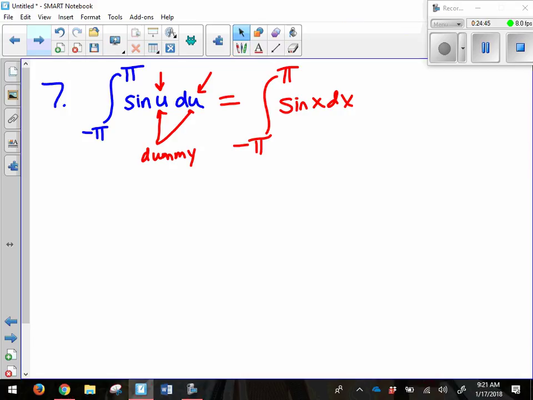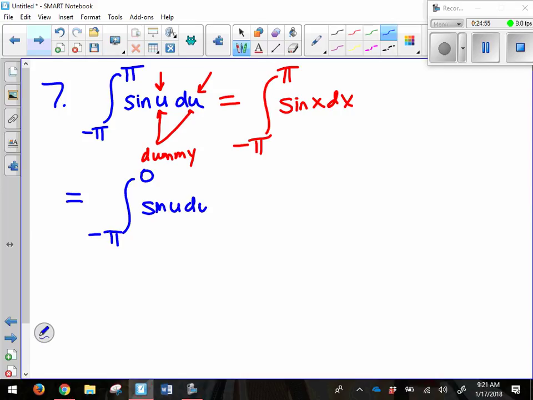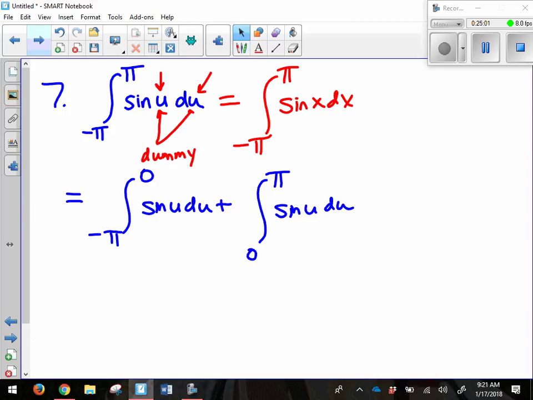And again, if I want, I can break it down to the integral from negative pi to 0 of sine u du plus the integral from 0 to pi of sine u du. And you just might want to do that so that you can separate out the positive area and the negative area.